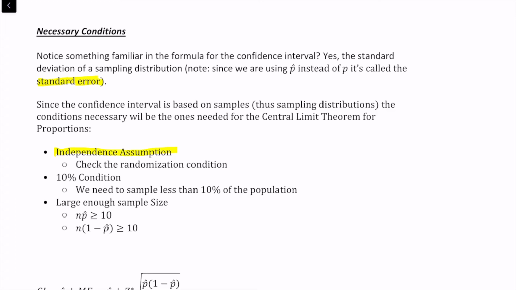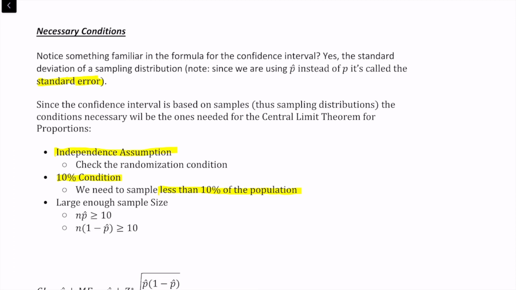Either we can make that assumption based off the scenario, or we can say, hey, if you did random sampling, we can safely assume that we have some independence there. Also, we check the 10% condition. Remember, we need to make sure that we sample less than 10% of the population. If we sample too much, we're going to end up with a dependent situation. We don't want that. We want to keep independence.